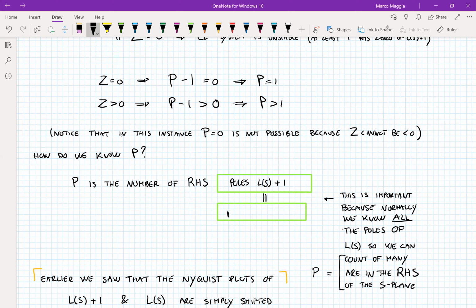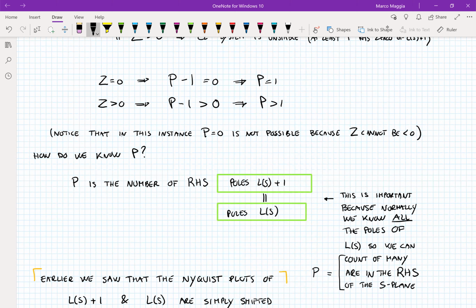Weren't they the same as the poles of L of S? They are. And why is this important? Because we know everything about L of S. We know exactly where all the poles are. So if we know where the poles of L of S are, we automatically know where the poles of L of S plus 1 are. And so we just have to count how many of them are in the right-hand side of the complex plane.